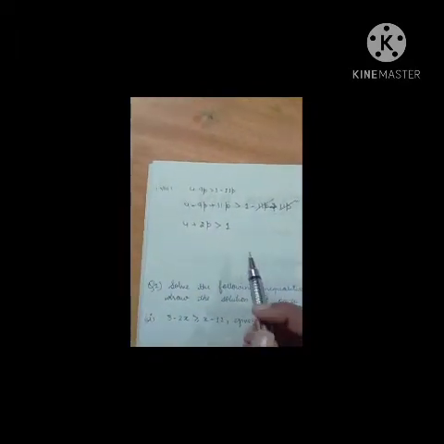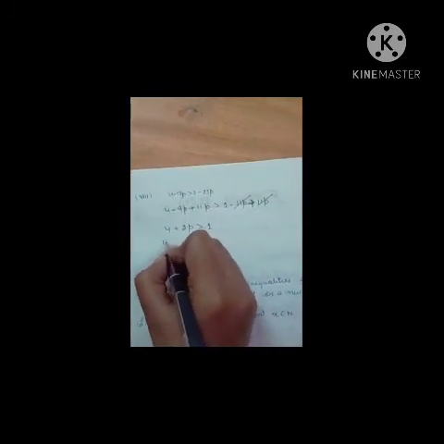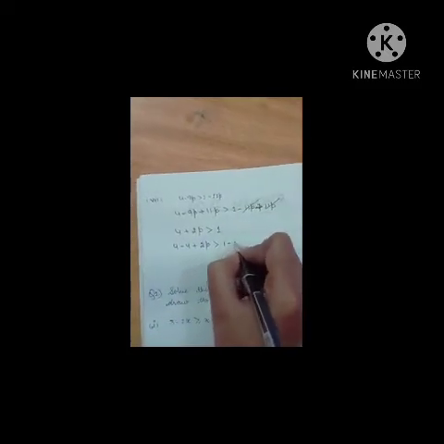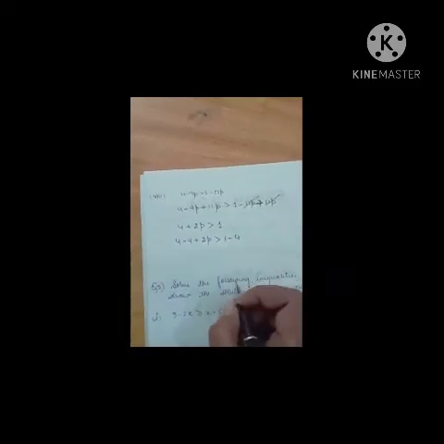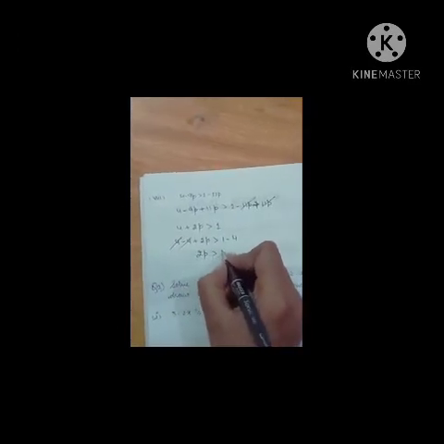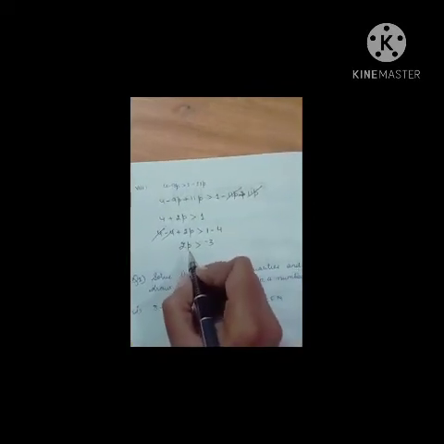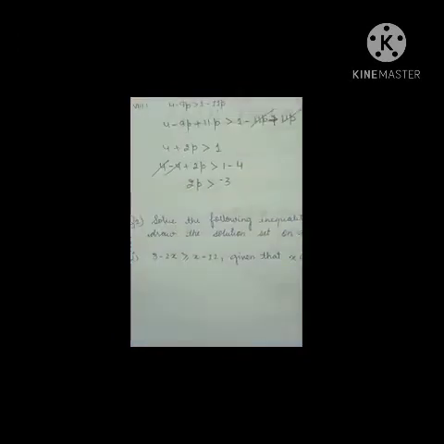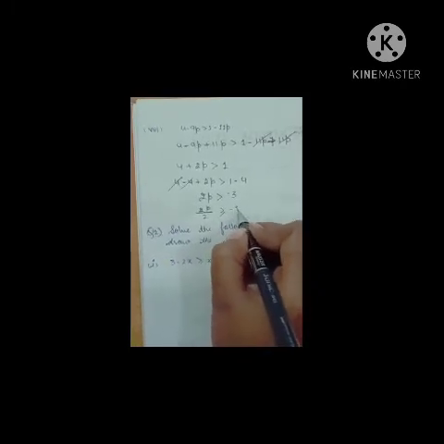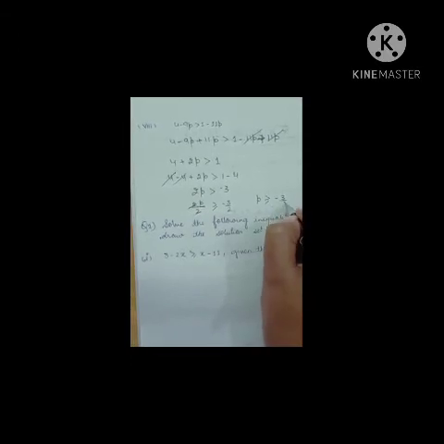Now I subtract 4 from both sides. So 4 minus 4 plus 2p, 1 minus 4. So 4 cancels out, here you get minus 3. Now I divide by 2 on both sides. So here we get p is greater than minus 3 by 2.